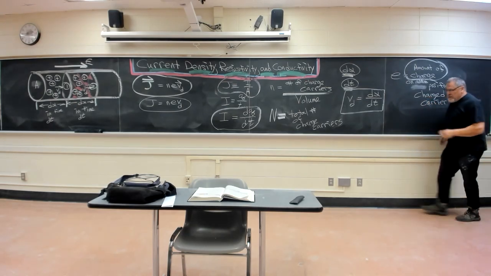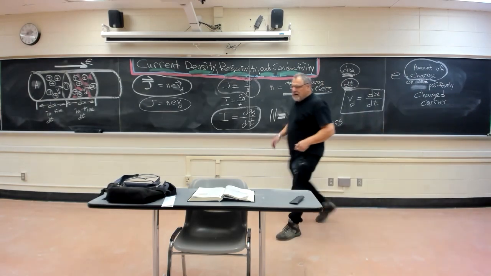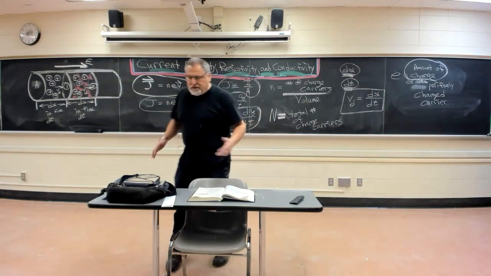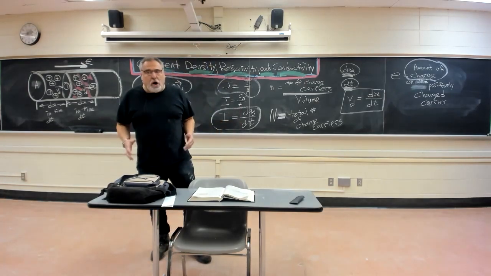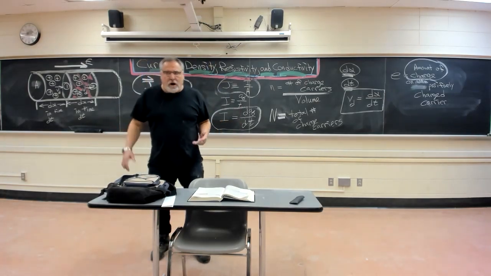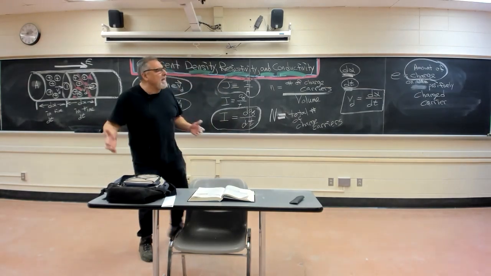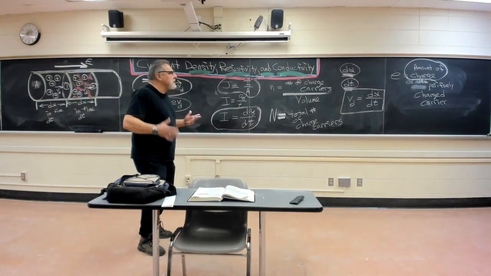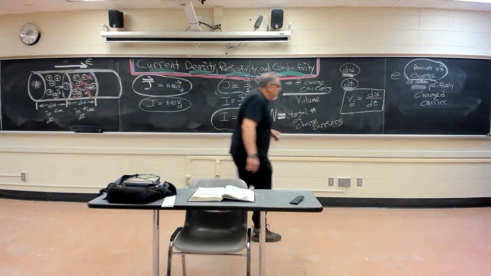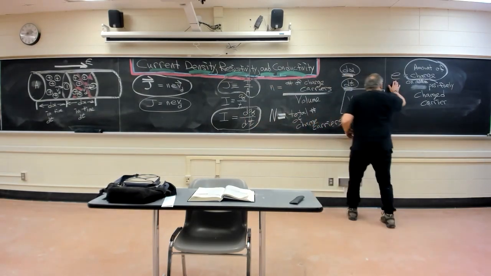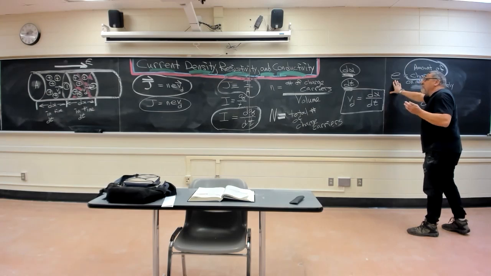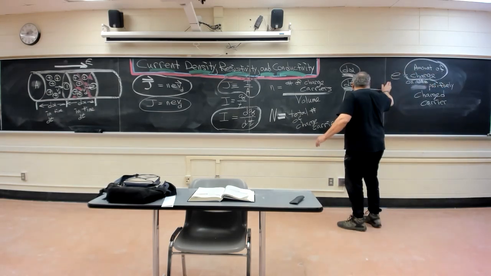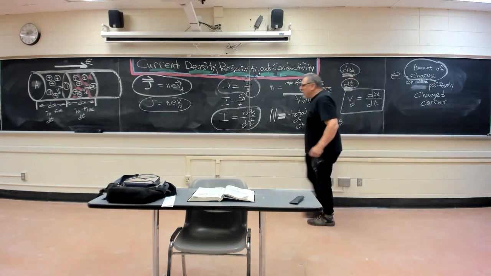If it was an electron, it'd be negative 1.6 times 10 to the negative 19 coulombs. If it was a positively charged charge carrier that had the same charge as the electron in magnitude, it would not be negative 1.6 times 10 to the negative 19 coulombs, but it'd be positive 1.6 times 10 to the negative 19 coulombs. So that's where they're coming from here. Generically, you could put a different symbol here if it was a different charge, on any hypothetically positively charged item that you're talking about.